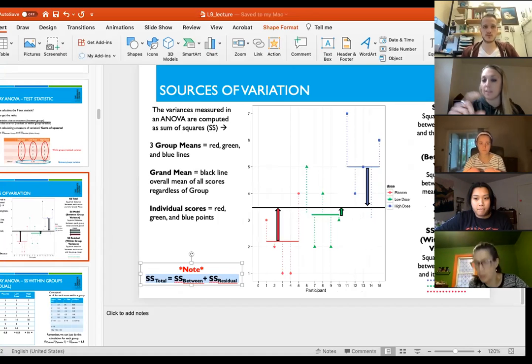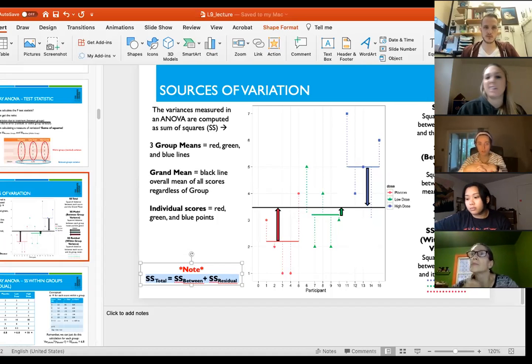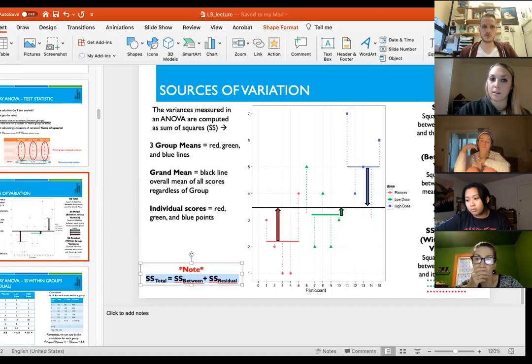So you won't actually do these individual calculations, but you will get a sums of squares metric out, and then you need to know which one to take to calculate effect size. So you have to understand conceptually, and maybe on a quiz or on an assignment. But in practice, you're not actually going to be manually calculating this. This is what R is going to be doing behind the scenes to partition up your variation.